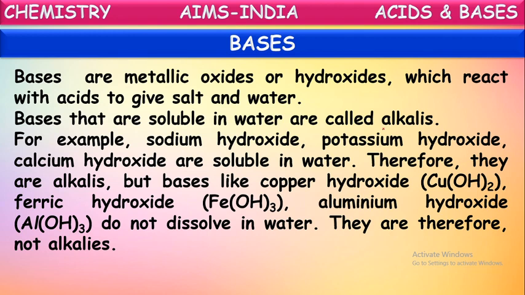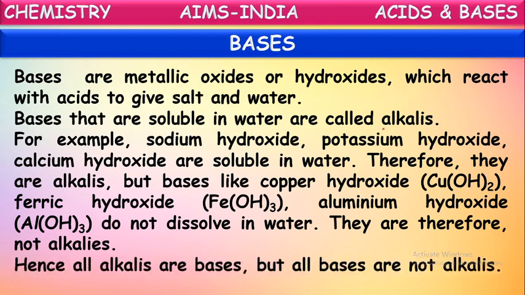But there are some bases like copper hydroxide, ferric hydroxide, iron hydroxide, aluminum hydroxide. These bases do not dissolve in water. Even though they are bases, they do not dissolve in water. Such kind of bases are not called alkalis. So the bases which are soluble in water only are called alkalis.